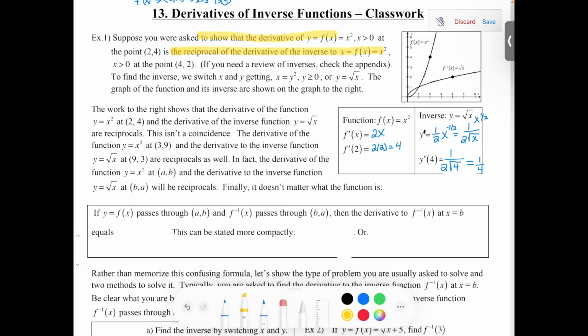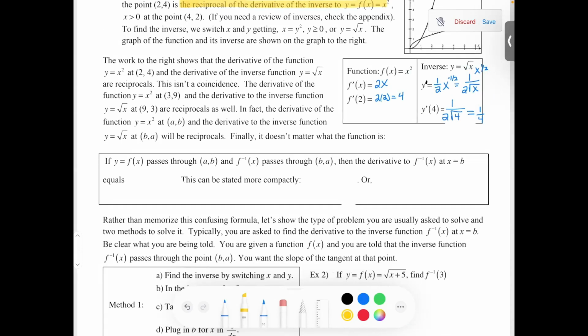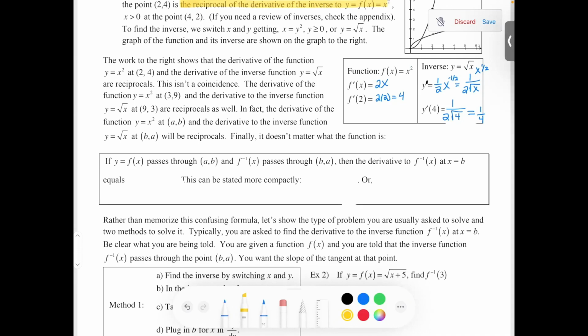All right, so for the definition, if y equals f of x passes through the point A, B, and the inverse of f of x passes through B, A, then the derivative of the inverse at x equals b. Again, we've got to keep this straight: this idea of a comma b, or b comma a, which one are we looking at?